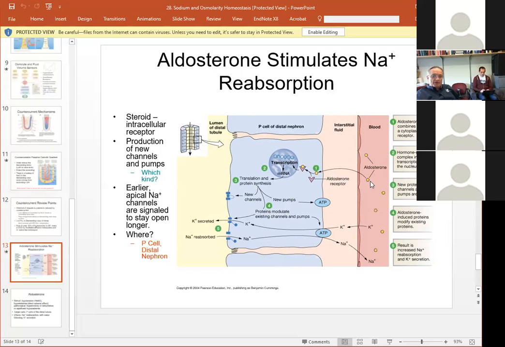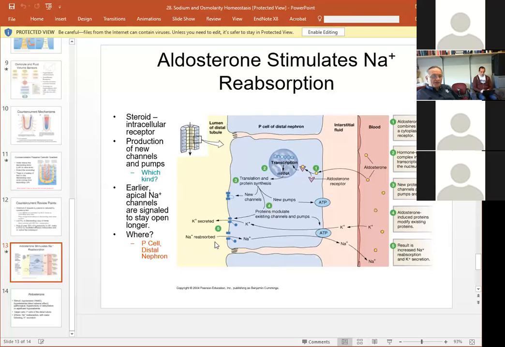It's a cholesterol-based steroid, so it can get through membranes easily, get into the cells, bind to aldosterone receptors in the cytoplasm, affecting transcription of messenger RNA for proteins such as new channels and new pumps.